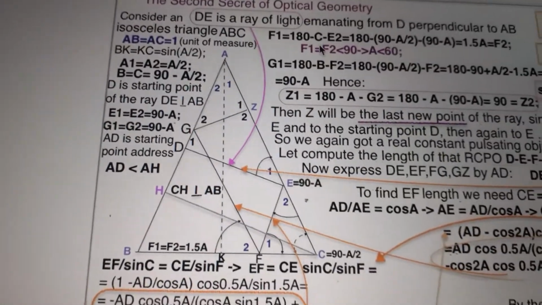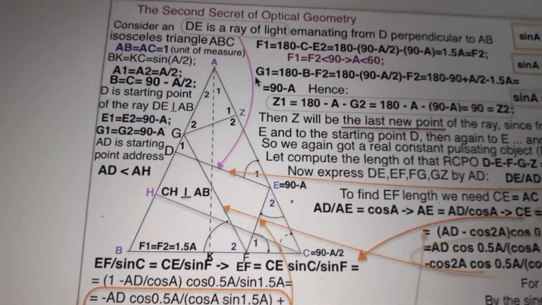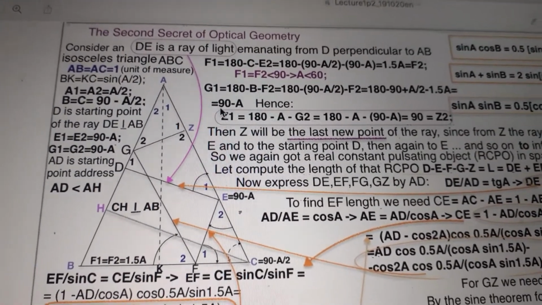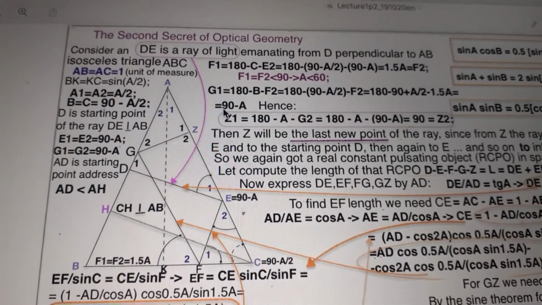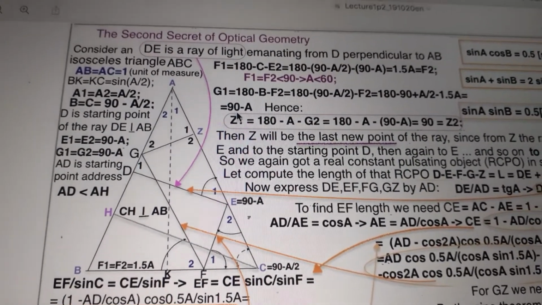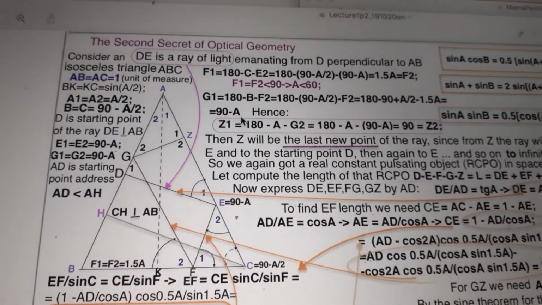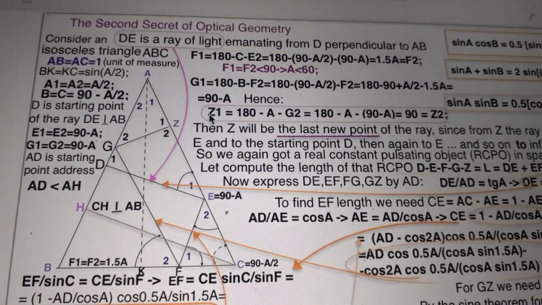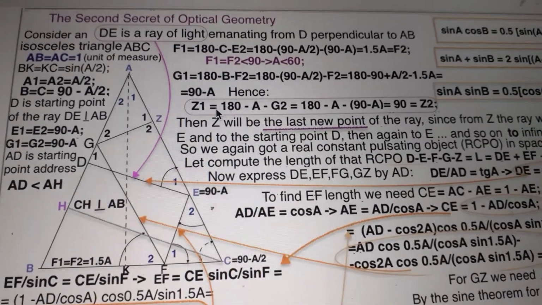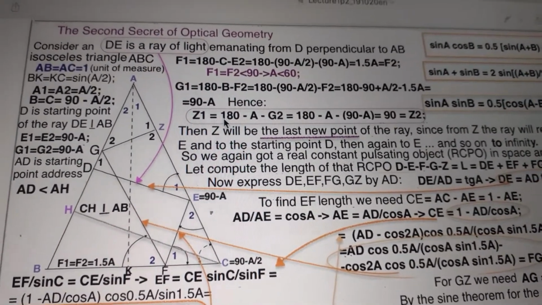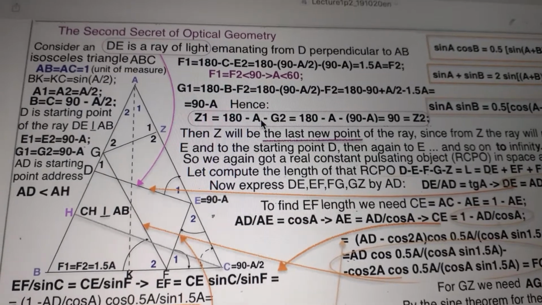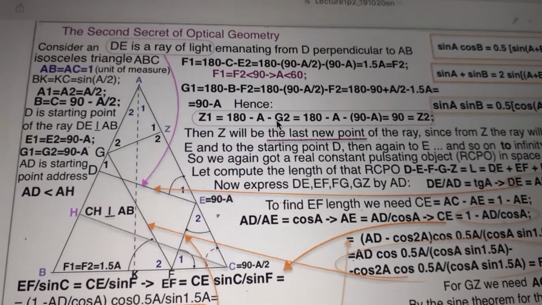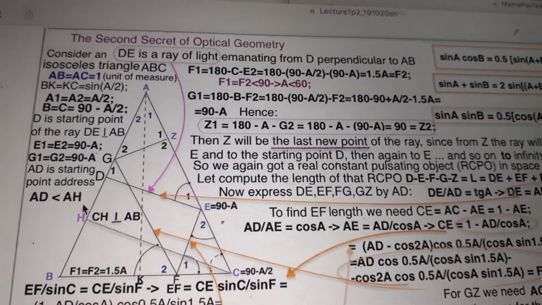And after this we can calculate angle G1, that is equal to 90 degrees minus angle A, and hence angle Z1 is equal to 180 degrees minus angle A and minus angle G2.